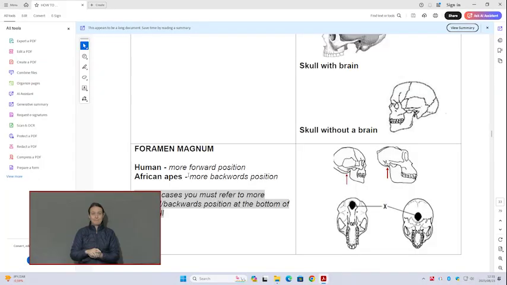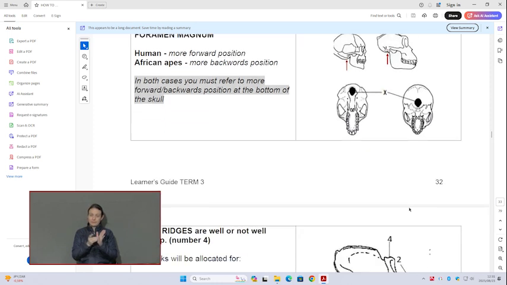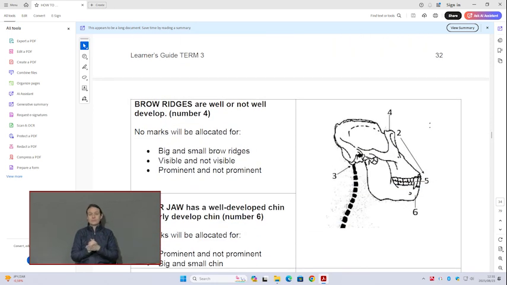Then the foramen magnum for humans, please remember, more forward position. For African apes, more backward. In both cases, you must refer to more forward or more backward position at the bottom of the skull. If you did not know what is the foramen magnum, here it is. Then the brow ridges, it's this one.